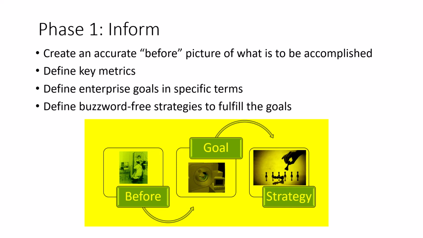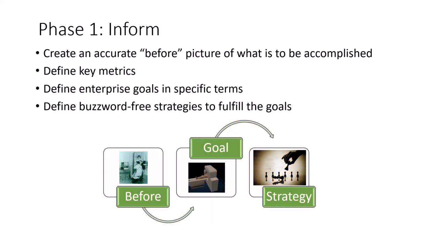You define the entire enterprise, the overall goal of the hospital or facility in specific terms, and the overall goal of the workers in specific terms. They should be defined with buzzword-free strategies. You don't need to say ASAP, as soon as possible, and other acronyms in your strategy to fulfill the goals of the workflow plan.